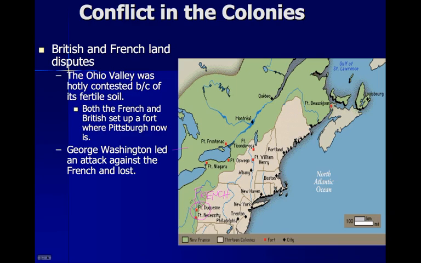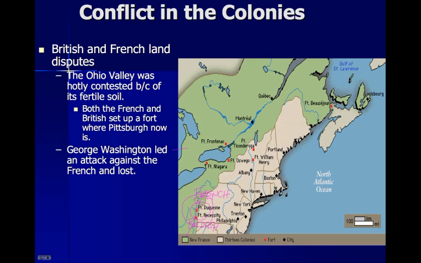And then Fort Necessity was a British fort, and this British fort was created by George Washington, who was a British soldier at the time. George Washington went out there and he decided that he wanted to settle this area for the British. But clearly this created a big problem between the French and the British, because they both wanted this land, because the Ohio River runs right down through here, and it creates this very big area of fertile land.